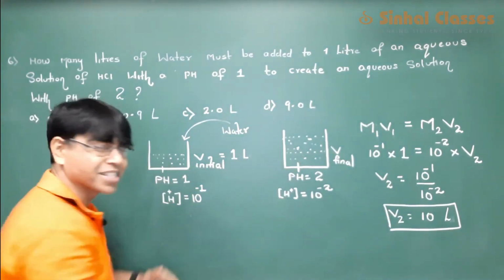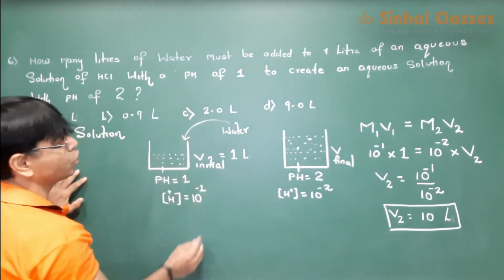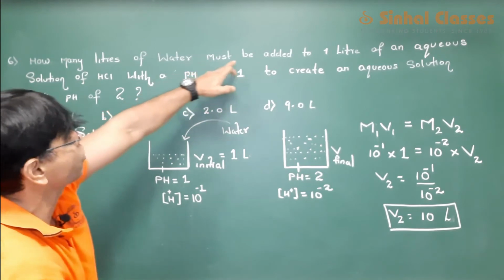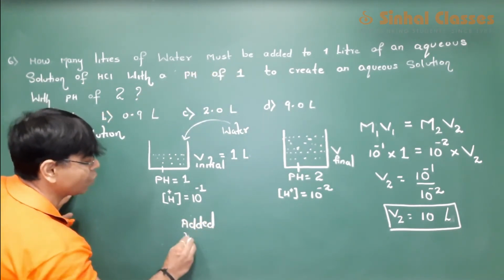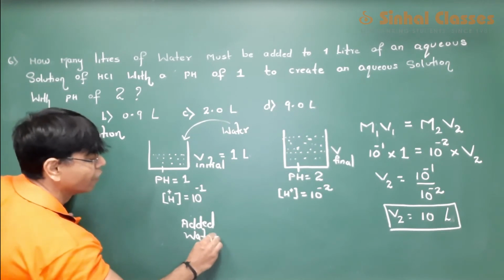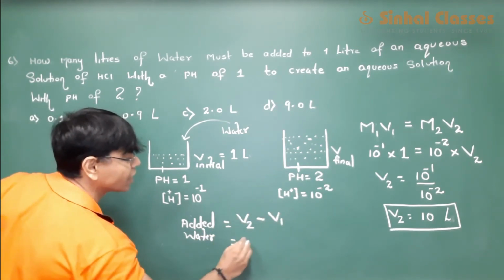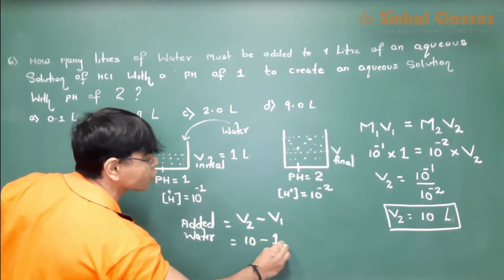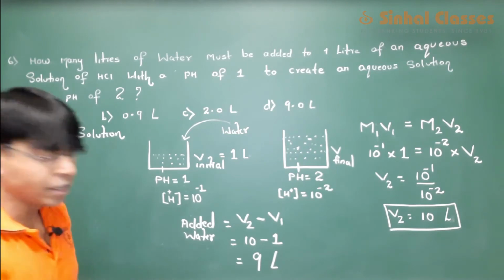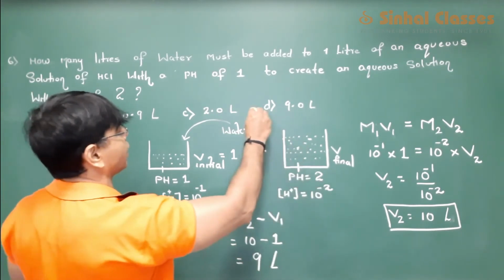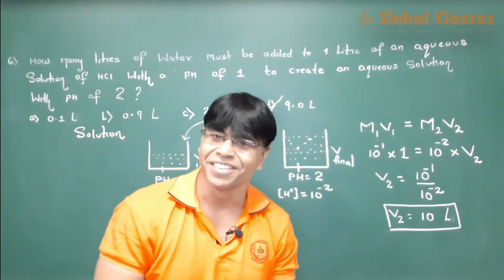It will be the difference. They are asking you how many liters of water must be added. So added water will be final volume minus initial, that is 10 minus 1. So your final answer is 9 liters, that is D.